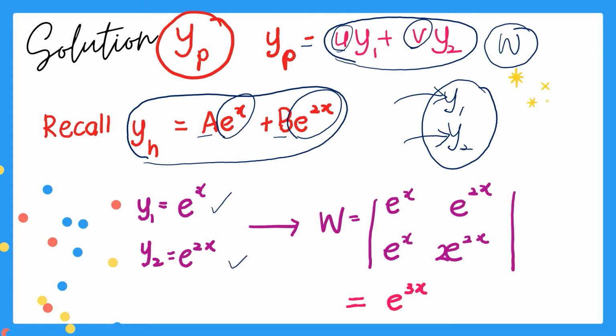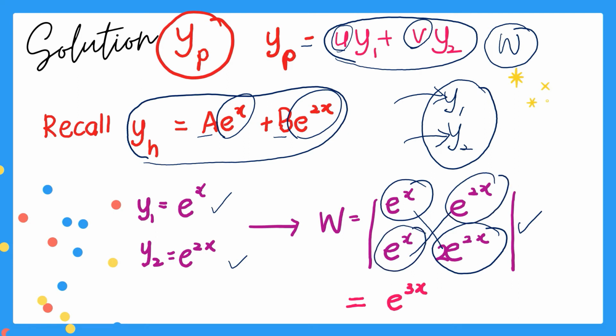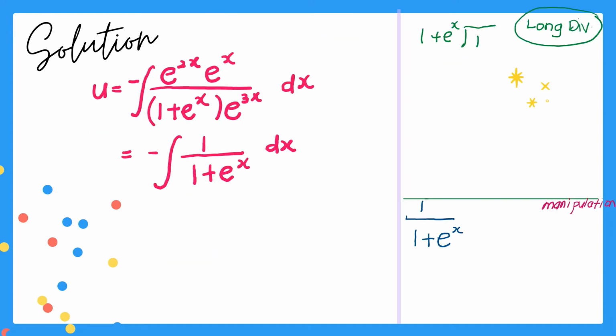Then I want to find out what my Wronskian is. So I cross here: e^x times 2e^(2x), so I have 2e^(3x), minus this one times this one, so I just have e^(3x). So I substitute all the information into my formula for u.